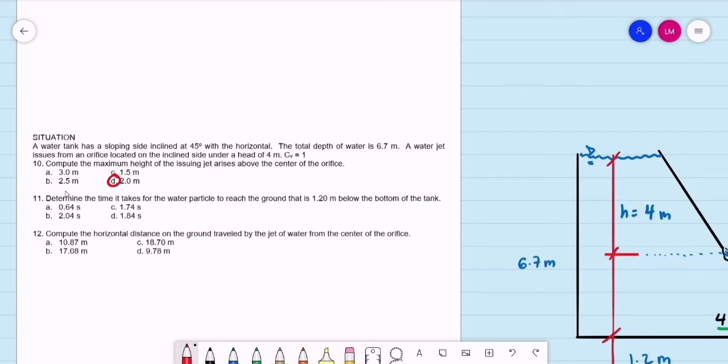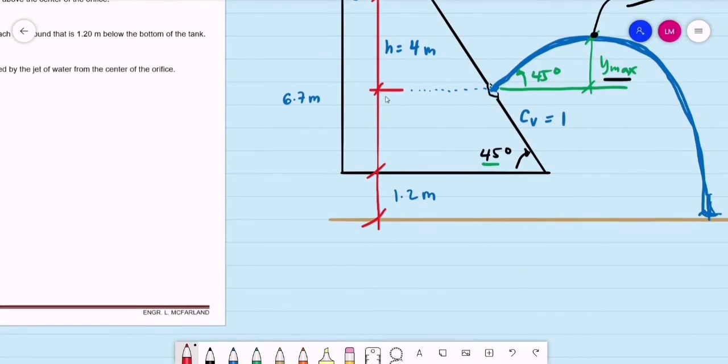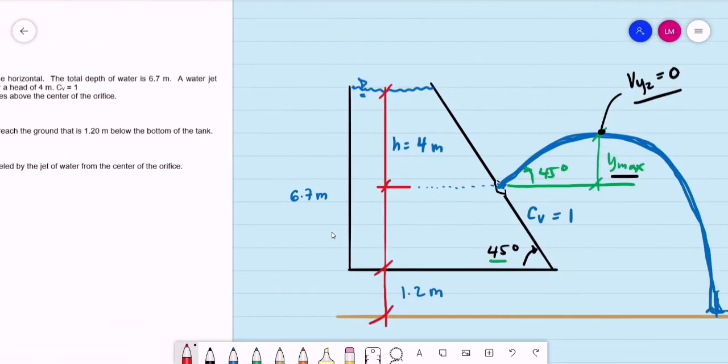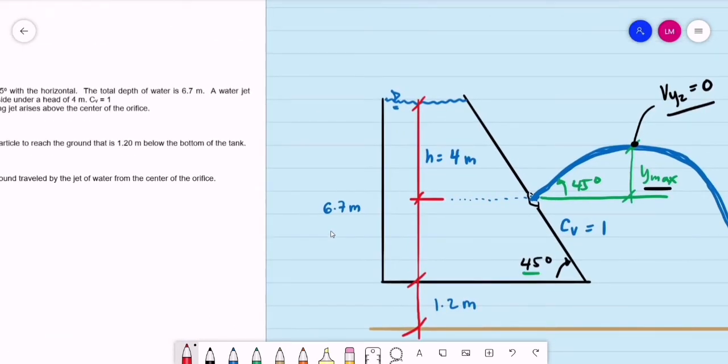Number 11, determine the time it takes for the water particle to reach the ground that is 1.2 meters below the bottom of the tank. So, di ba yung total height daw ng tubig is 6.7. Kung yung head above the orifice is 4 meters, yung natitirang distance dito is 6.7 minus 4.